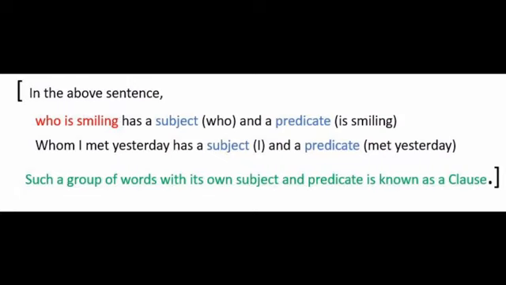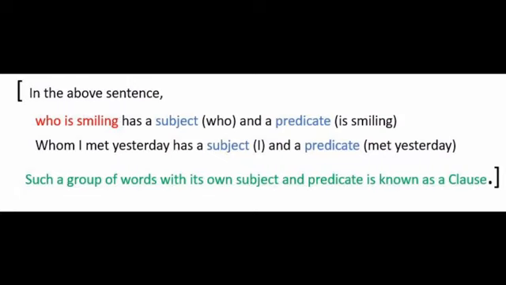And the second sentence, whom I met yesterday. If you take these words here, I is a subject and met yesterday is part of the predicate. That means such a group of words with its own subject and predicate is known as a clause.